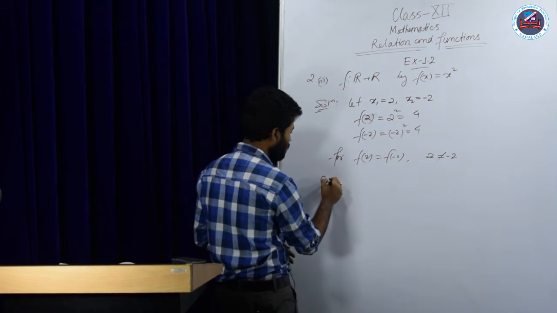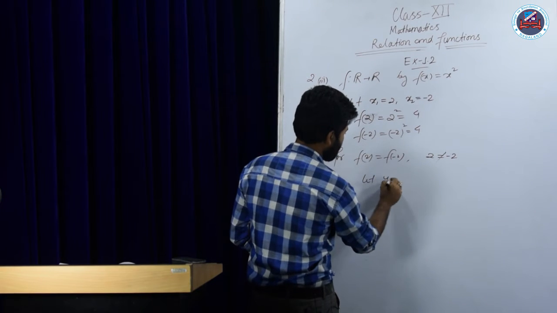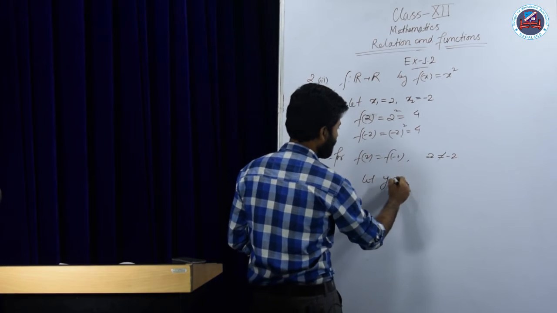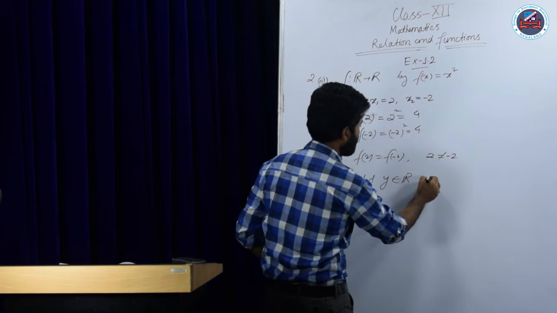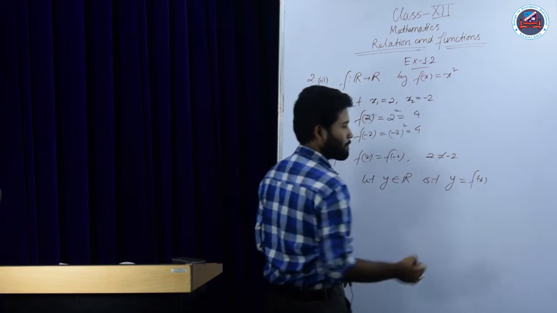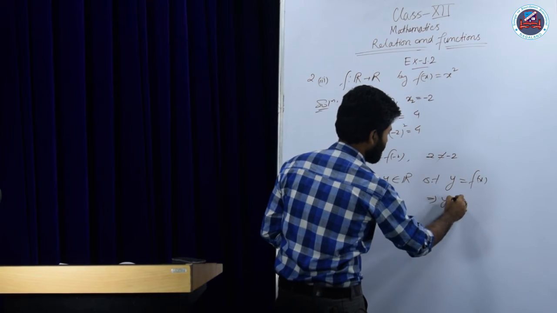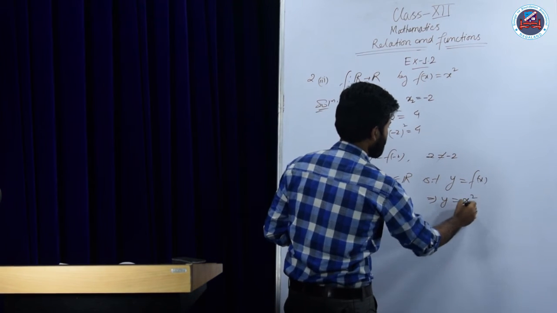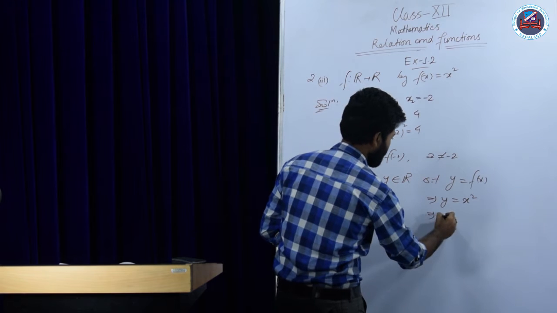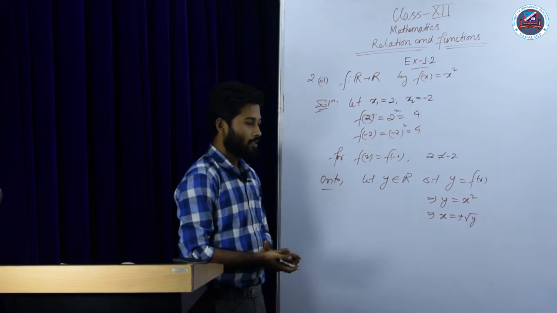Again, for the onto part, how to check it? Let us take an element y that belongs to the codomain such that y is equal to f of x. Now, what is f of x? It is x squared, and this implies we can write x is equal to plus minus root over y.